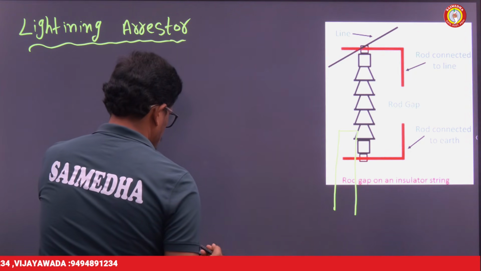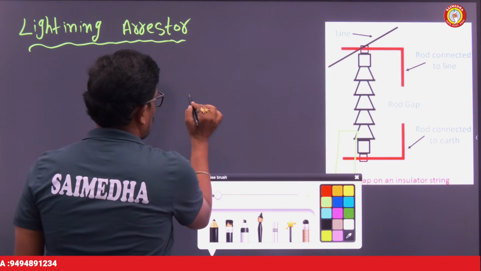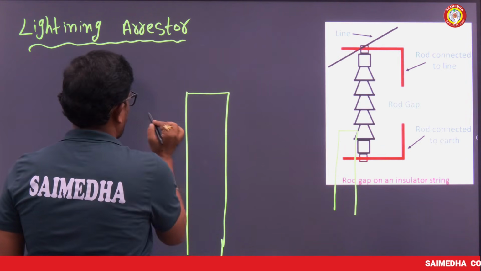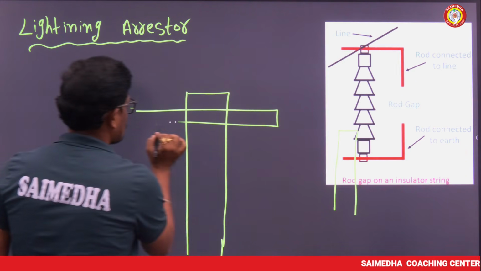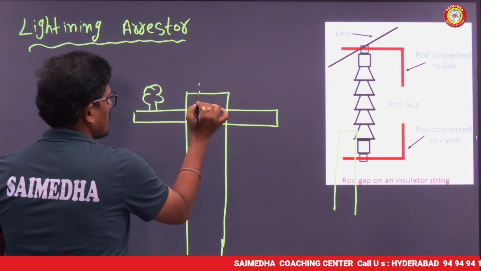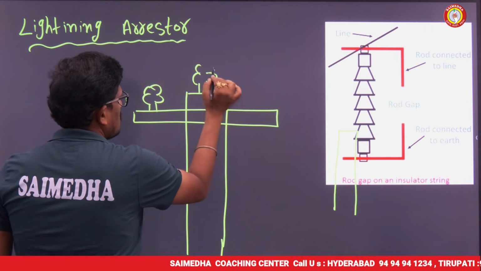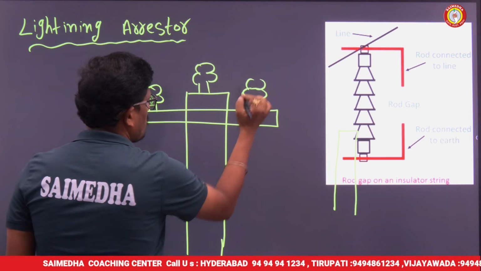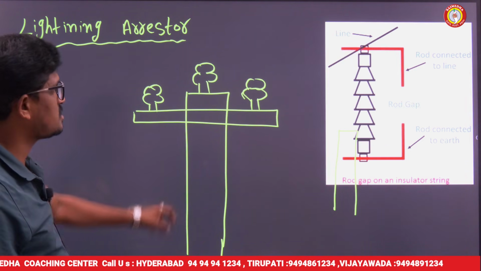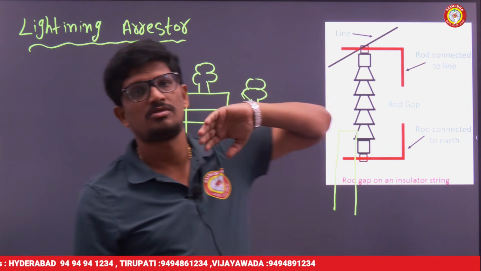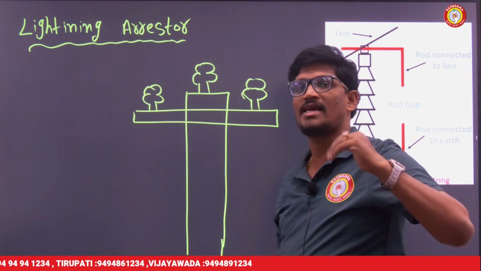Suppose this is our pole, the incoming pole, and on the incoming pole we provide one cross arm. Over the cross arm we use insulators like this. These are all insulators. This is the distribution line. In a distribution line, the top of the pole carries the phase wire, but in a transmission line, the top position of the conductor is the earth wire.